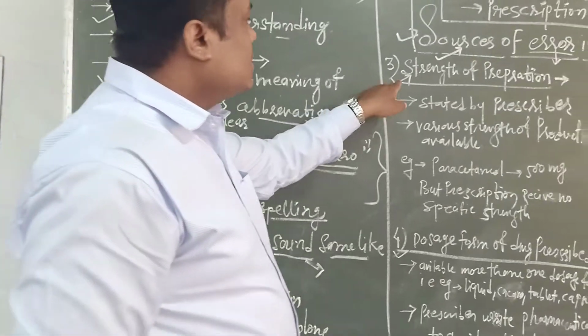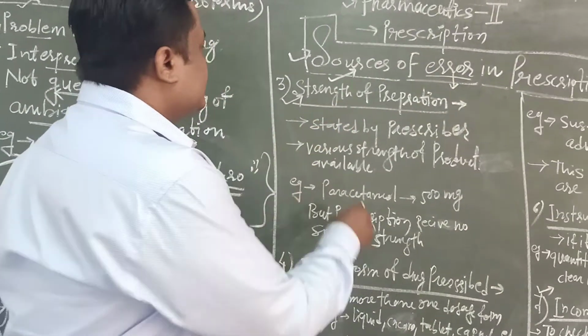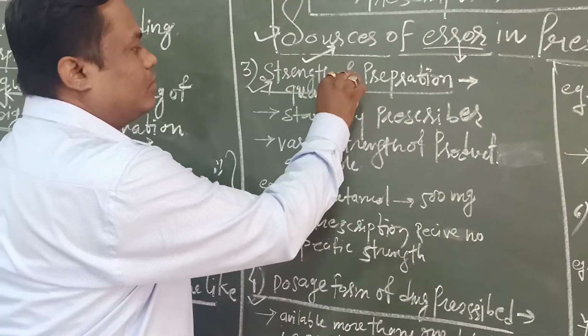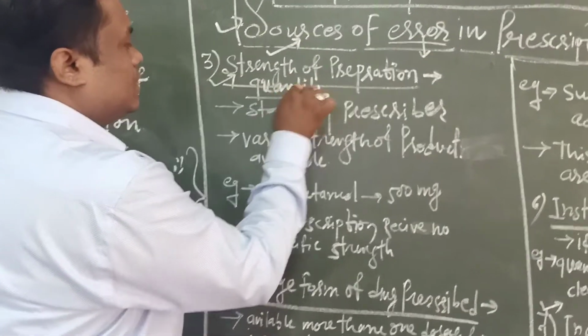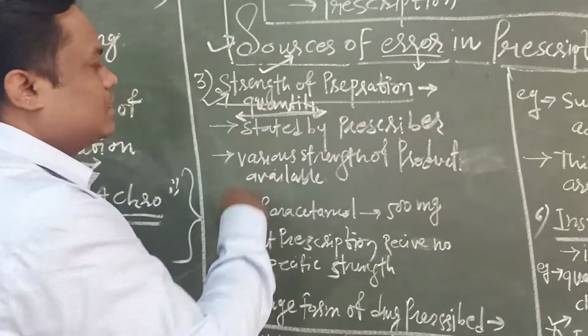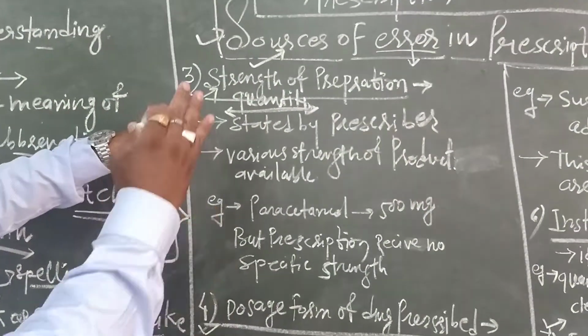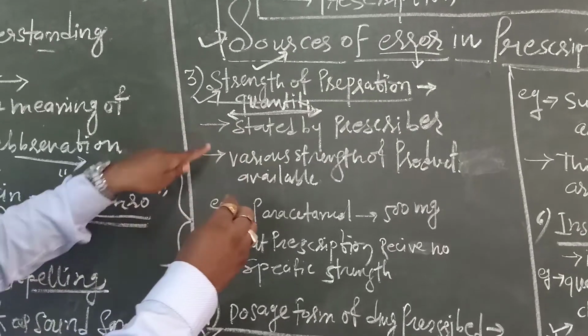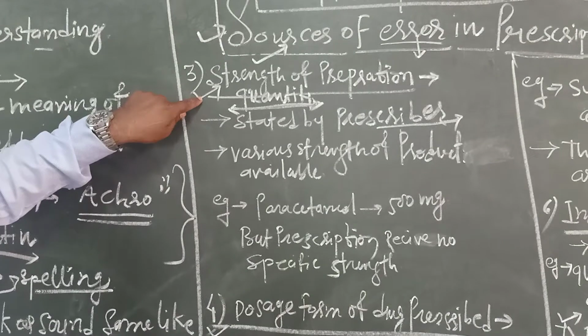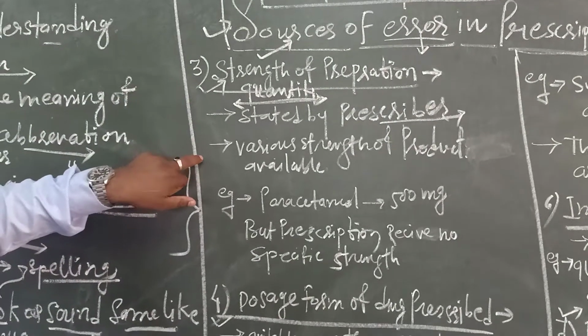Then third is the strength of the preparation. Strength means the quantity of the drug prescribed, that is, how much quantity is prescribed there. It is clearly stated or mentioned by the prescriber in the prescription order: what quantity of drug is to be dispensed to the patient?